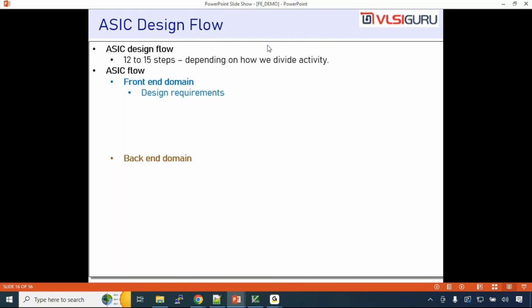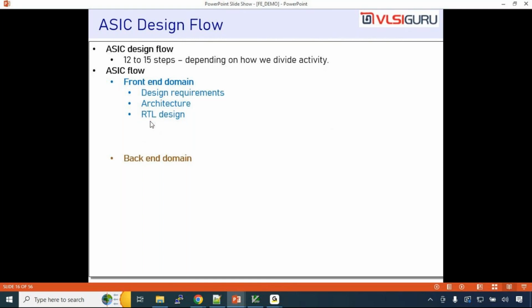Then whom will you go to once you have the requirements? You will go to the architect. He will give you the architecture. Then you will go to RTL design. They will see the architecture, understand the requirement, and develop the design. This is done using a language called Verilog.